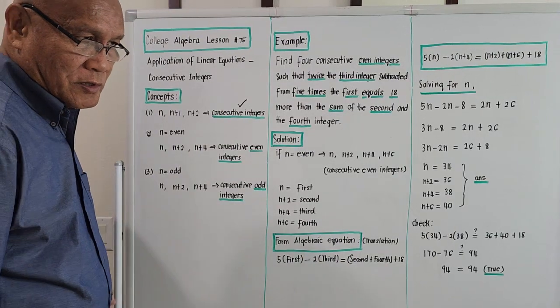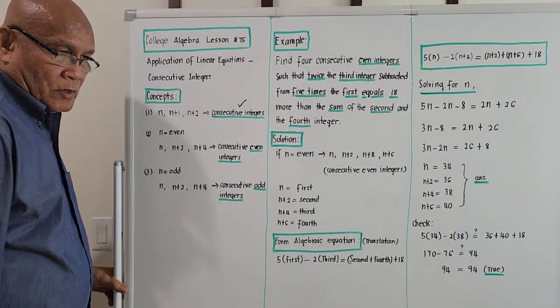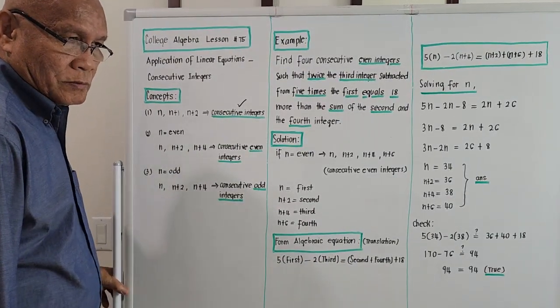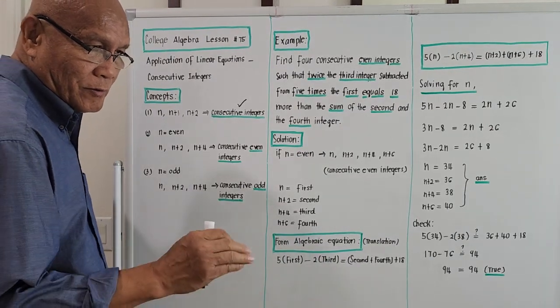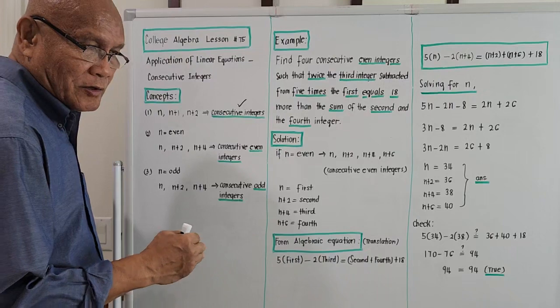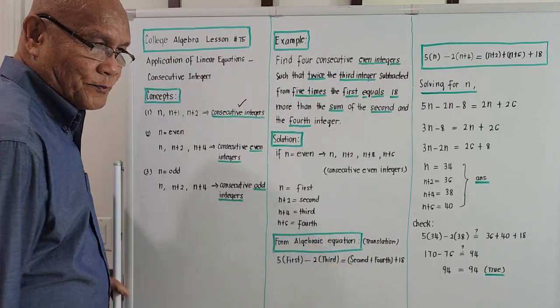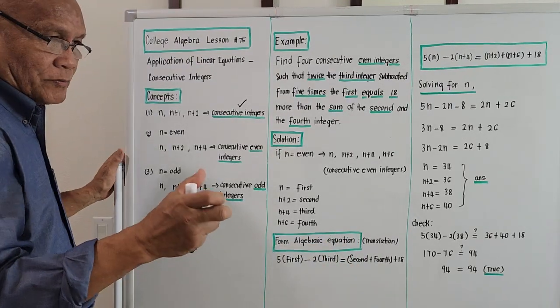Consecutive integers, it is something like 1, 2, 3, 4, right? So we could not say if it is even or odd. They are just plain consecutive integers. Variation number 2.